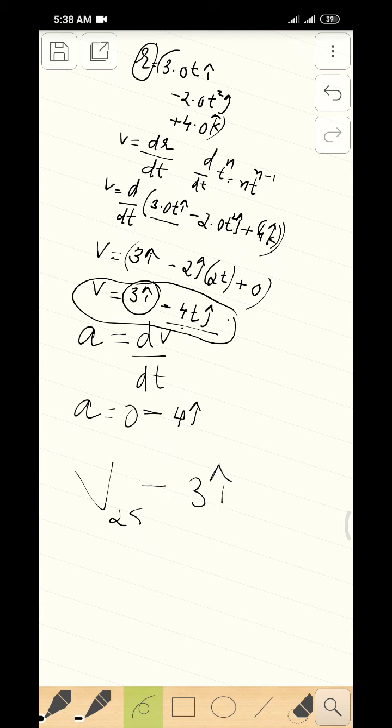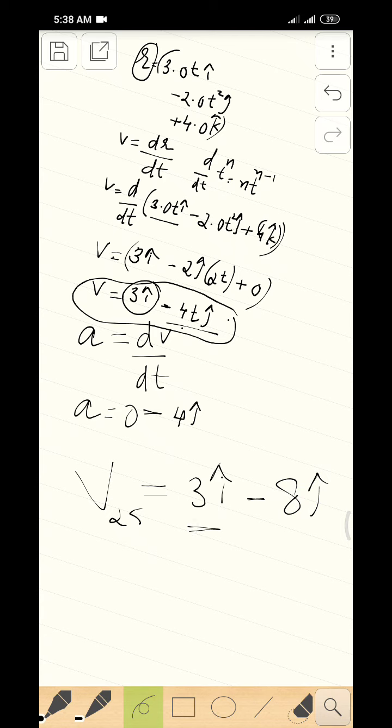There are no terms of t in the x coordinate, only the constant 3 is there. So 3 i cap minus 4t j cap, where you substitute t as 2, then 4 into 2 into j cap, that is 8 j cap. So this is the velocity vector at the time 2 seconds.